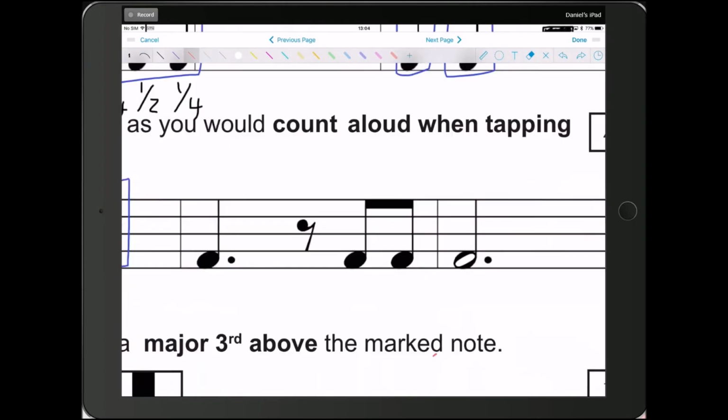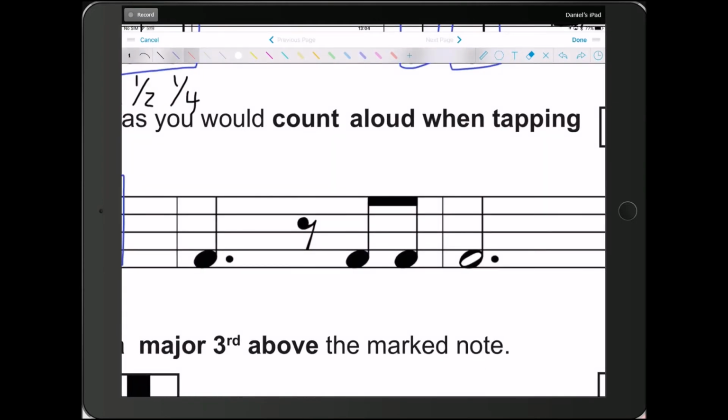Now, here's the measure where the box method doesn't really work. It kind of works, but not 100%. So, we have a dotted quarter note here, which is going to get a beat and a half. So you're going to have to imagine that this is 1 beat, and then this 8th note with the dot is another beat.